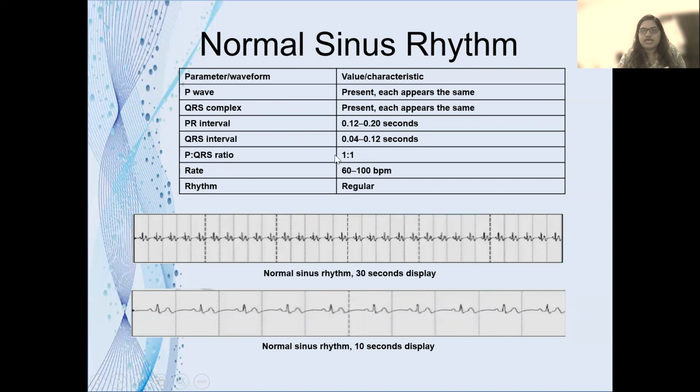The ratio between P and QRS would be 1:1, so for one QRS you have one P wave, which is a regular normal rhythm. The rate would be 60 to 100, and the rhythm would obviously be regular. In a 30-second display, the normal sinus rhythm would look like that, and in a 10-second display you get something like this. This is the normal sinus rhythm, with the P, Q, R, S, T.